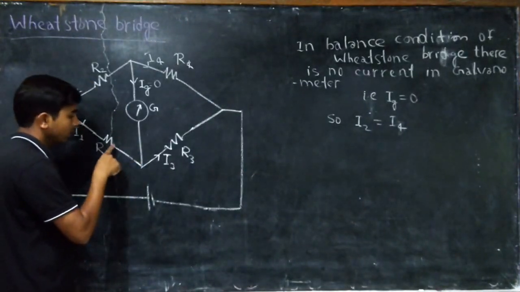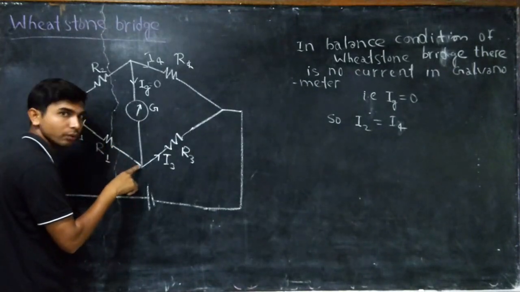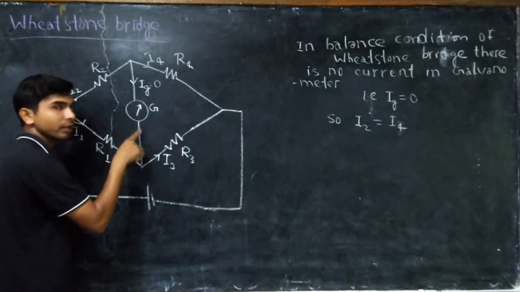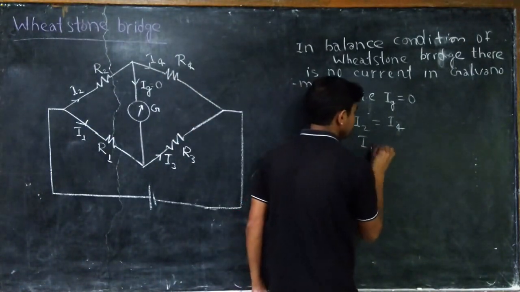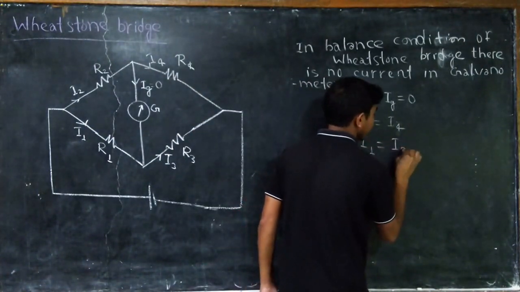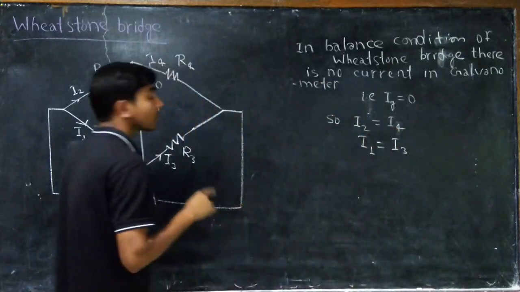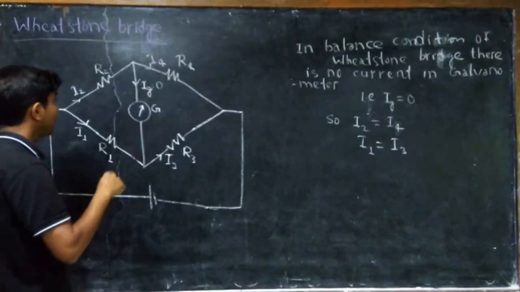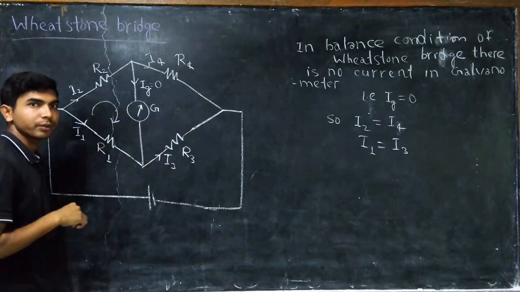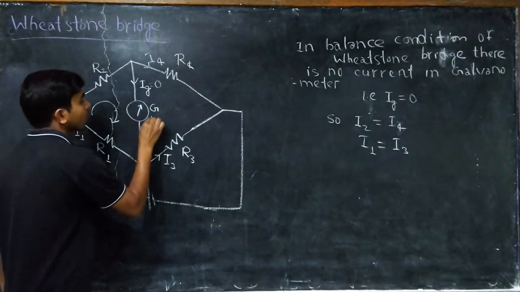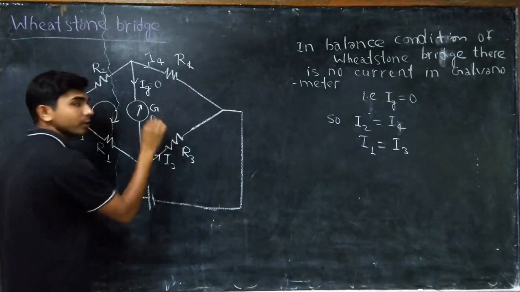The current which comes through this one will go in that direction. There is no current in this one, right? So I1 is equal to I3. Now we are going to apply the loop rule in this branch. Suppose the galvanometer has resistance Rg.